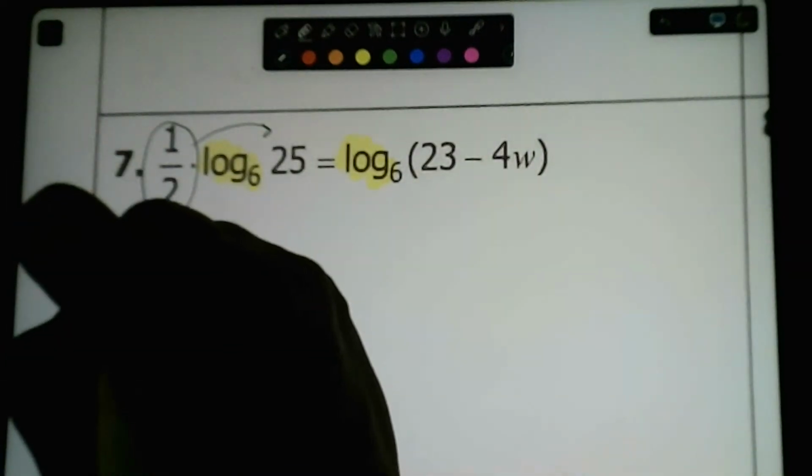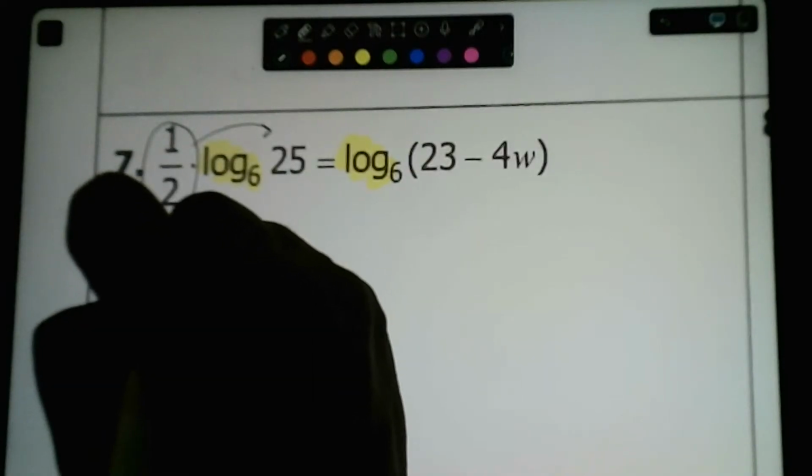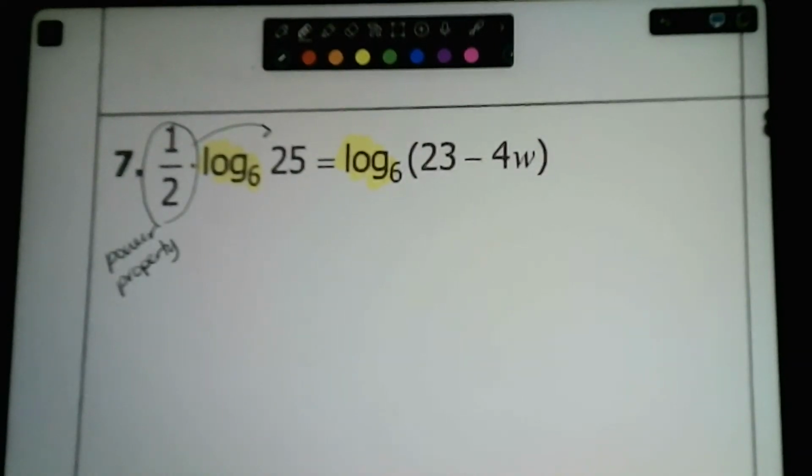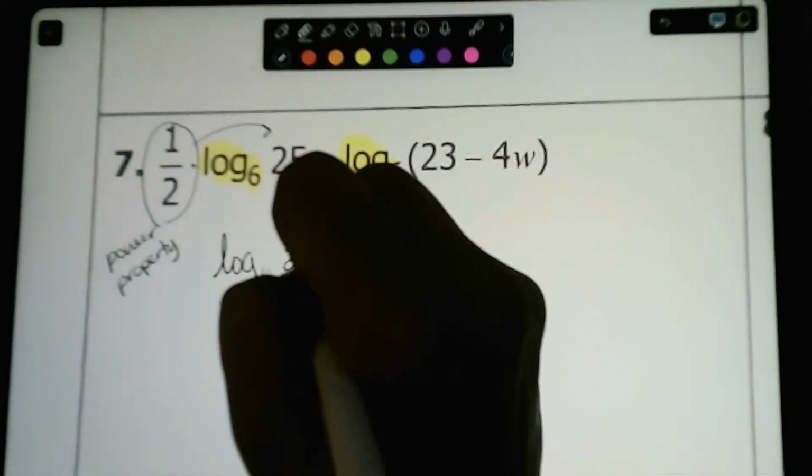That's our power property at play. Our power property allowed us to take an exponent that was hidden inside of a logarithm and pull it down as the coefficient, the number in front of the logarithm, which means I can go backwards. I can take a coefficient in front of the logarithm and pull it up as the exponent of the thing I'm taking the log of.